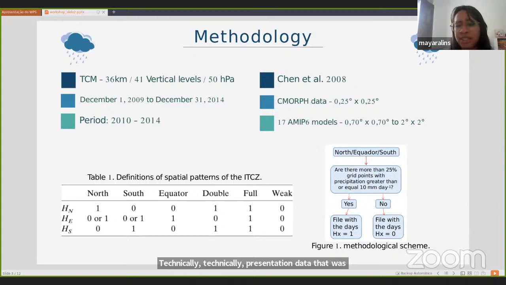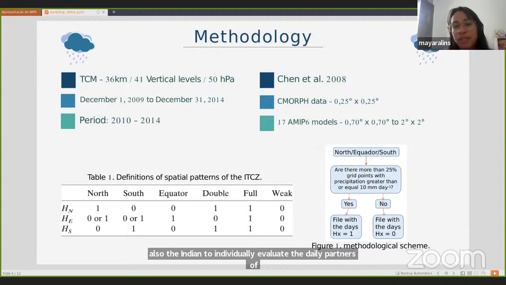The CMORPH data has 25 kilometers of horizontal resolution, but all data were interpolated into a uniform horizontal grid spacing of 1 degree. Although the initial analysis of this study is for the Pacific, the next results will include the Atlantic, which is very important for the region I live in, and also the Indian Ocean, to individually evaluate the daily patterns of the ITCZ in these oceans.